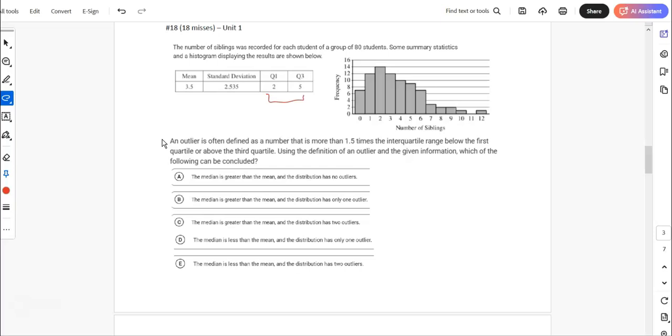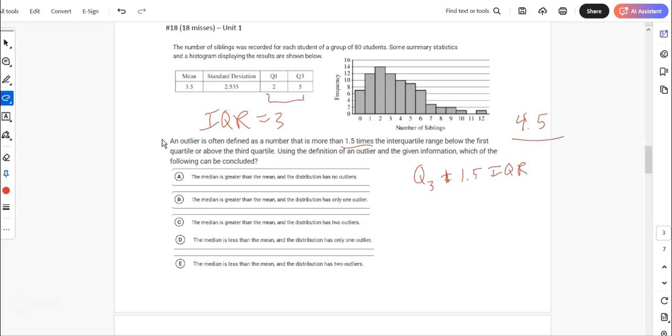So the interquartile range is Q3 minus Q1. So IQR here is equal to 3. So 5 minus 2 is 3. So 1.5 times that is 4.5. You can do that without a calculator if you want. So I need to go Q3 plus, just plus, not plus or minus, 1.5 IQRs.